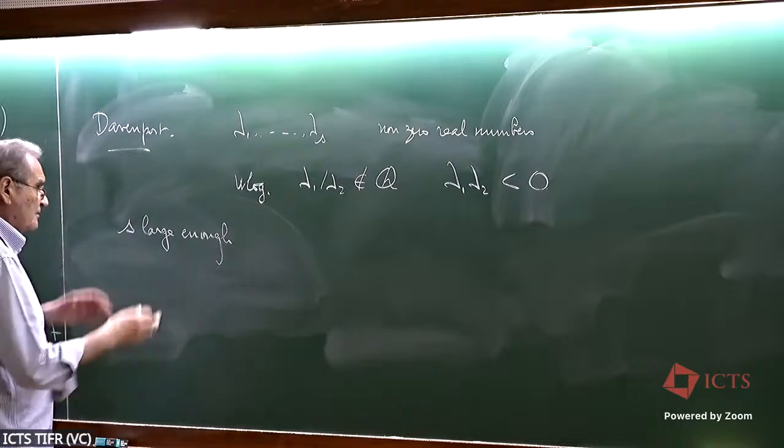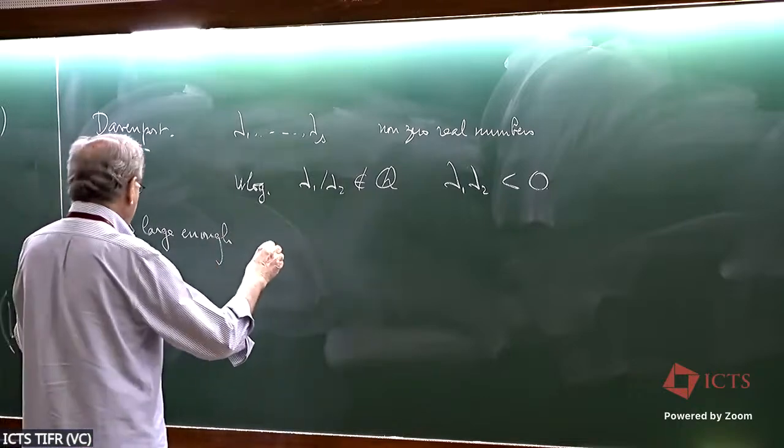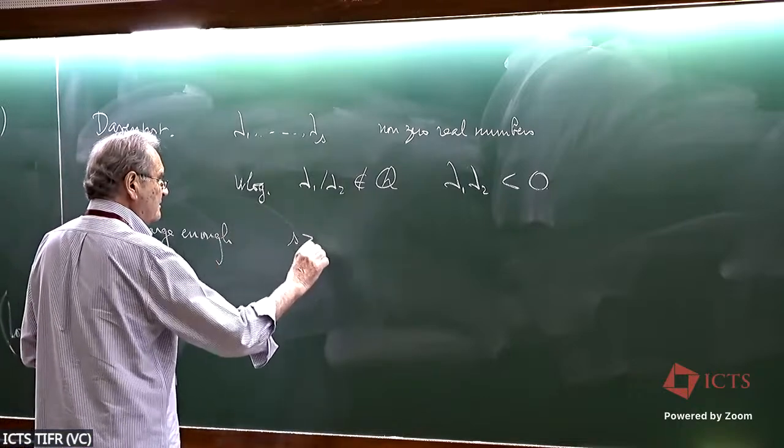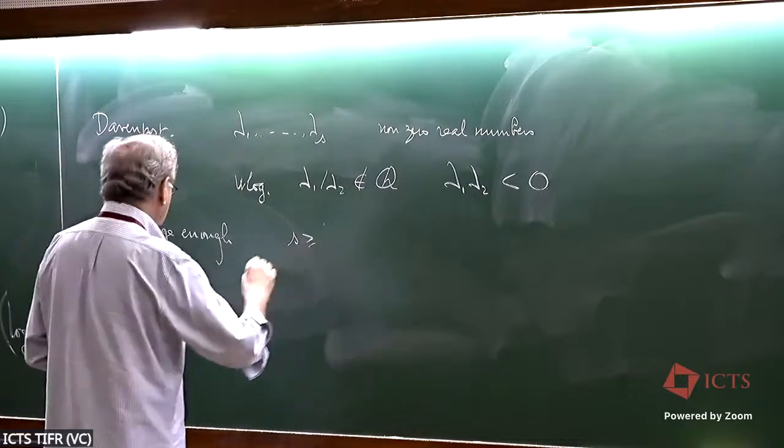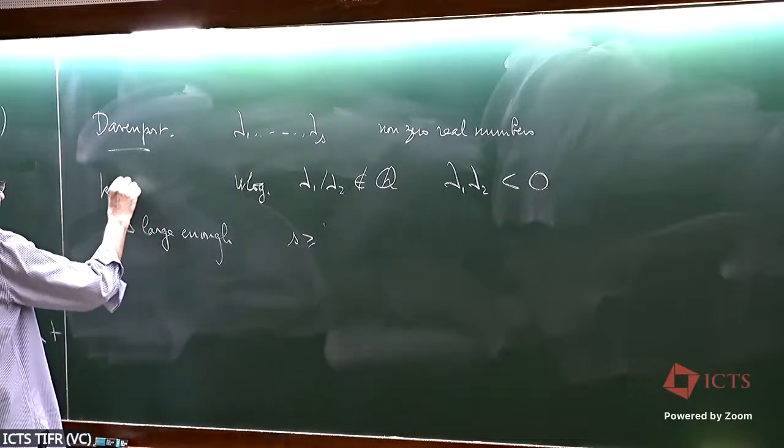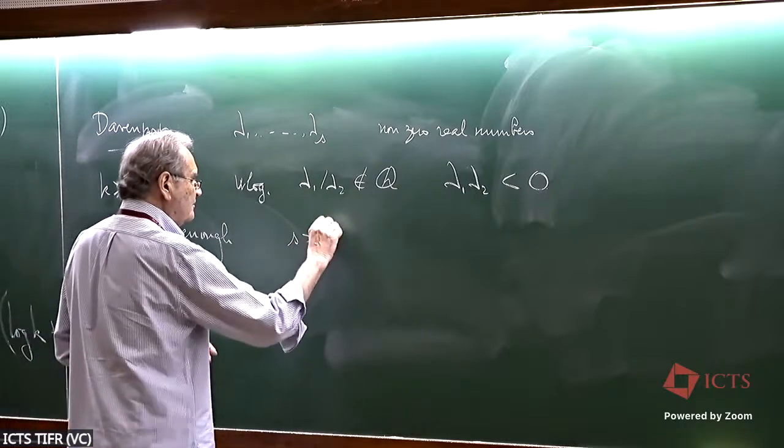And so what we want to say is that if S is large enough, and if you want to follow and try to do it yourself, you can do it with S larger than, I don't say what it is. K is a number, as usual, an exponent, 2 to the K plus 1.